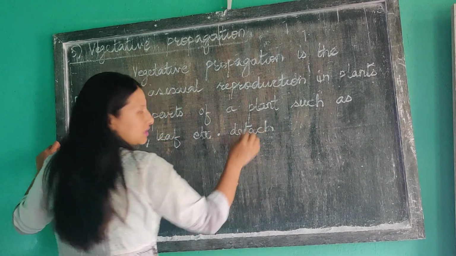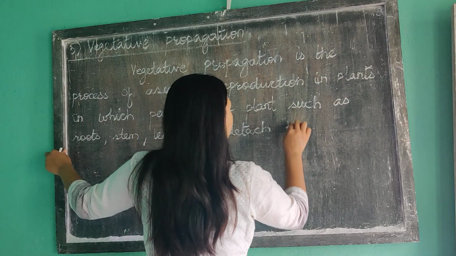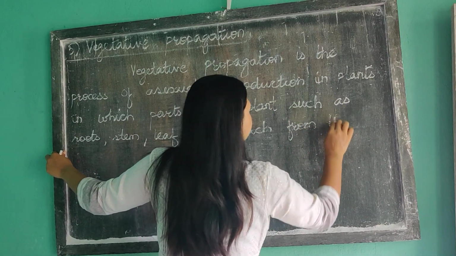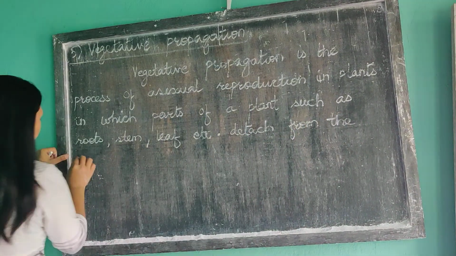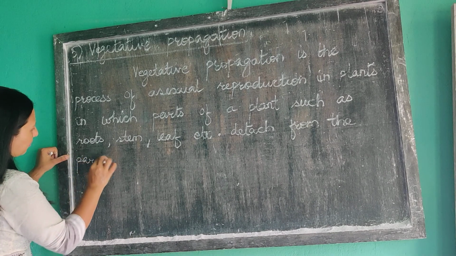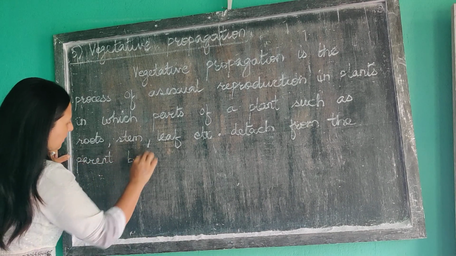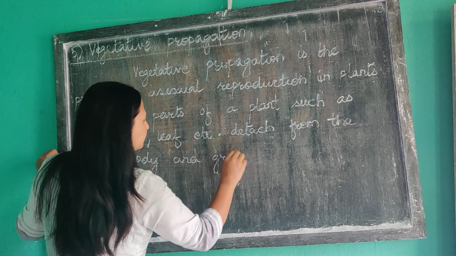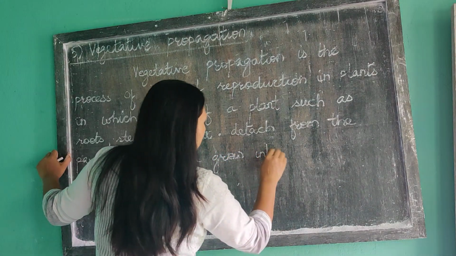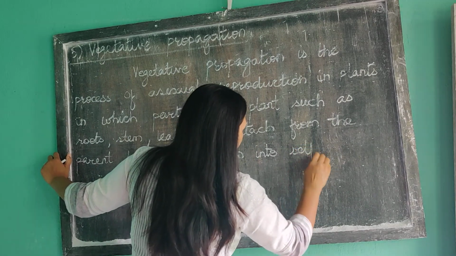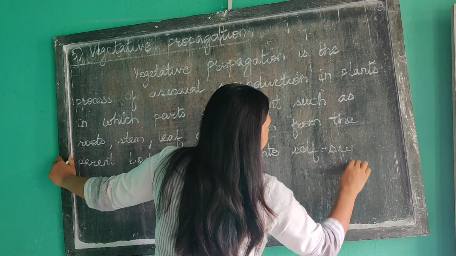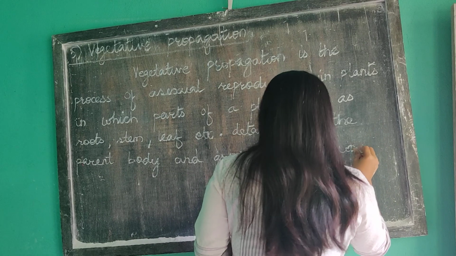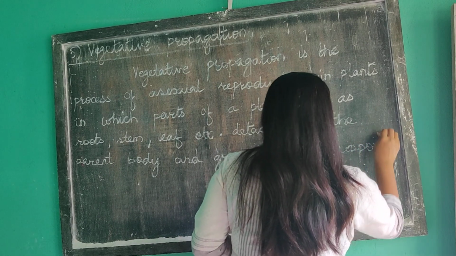Detach means to separate. They detach from the parent body and grow into self-supporting new plants.